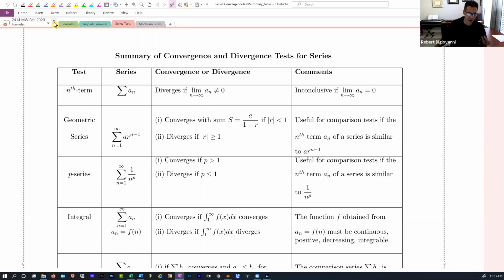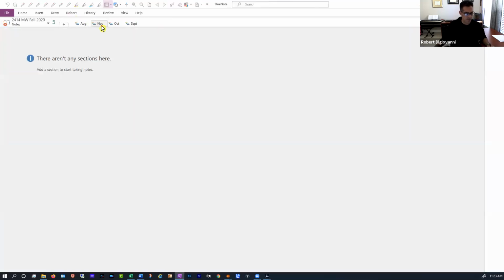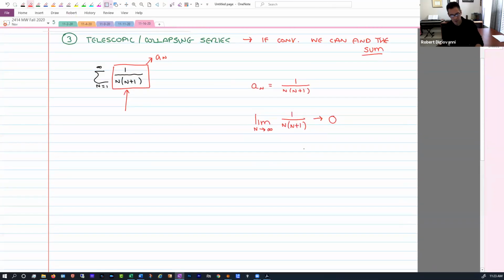So let me just illustrate that before we go too much further. I want to do this problem on a separate page. What if we had this? Look at that series, okay? If we did the nth term test on this, then we would take the limit of the sequence. In this case, that'd be n plus 1 over n plus 2. And here we have infinity over infinity.